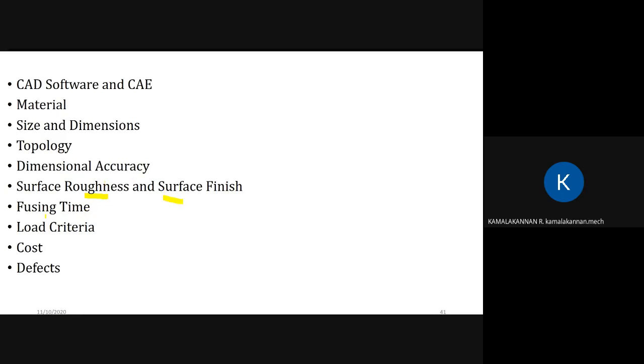Fusing time is nothing but a layer fusing with the other layer. It can be done easily by reducing the time between printing one layer and the next layer.